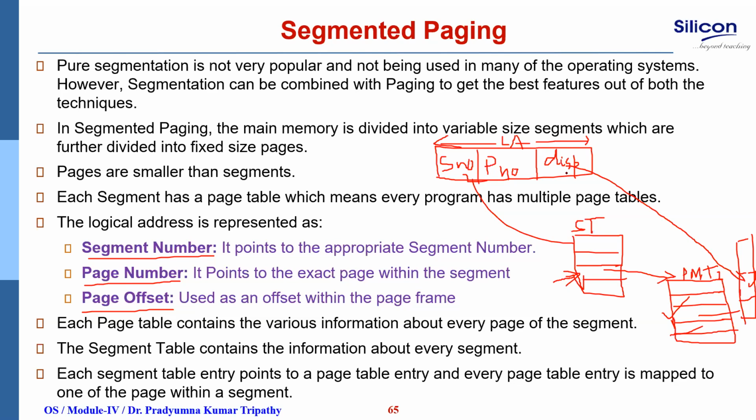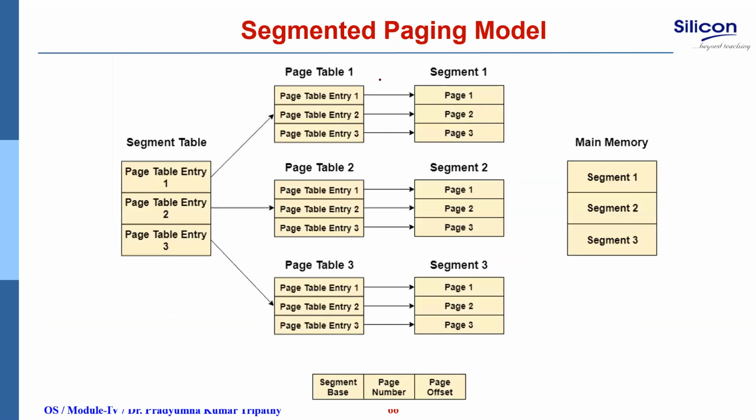From the PMT, it uses the displacement to get the physical address. Just see over here. This is the segment table. For the segment table, you have page table entries, and from a particular entry it will go to a particular page table entry.